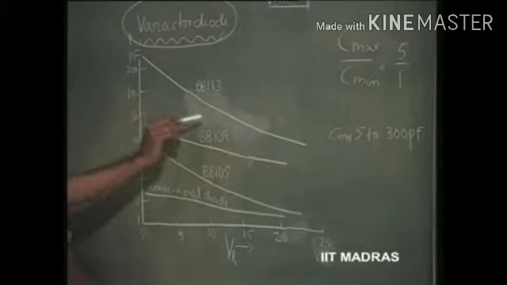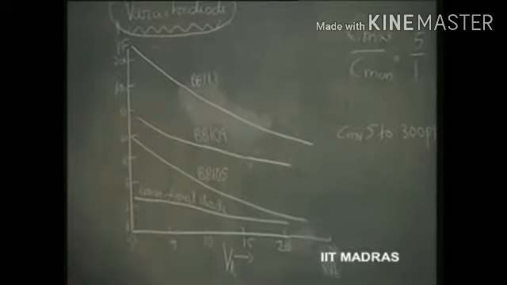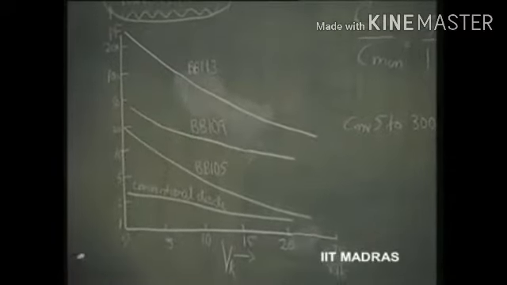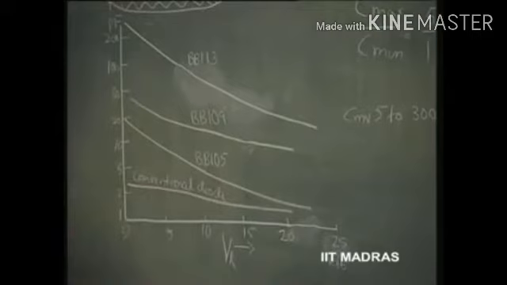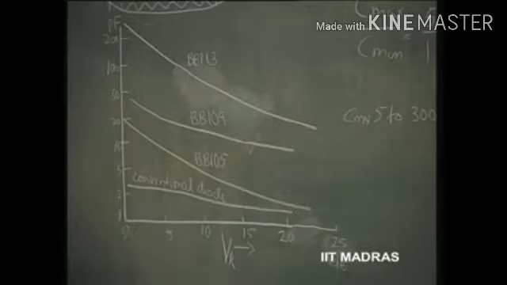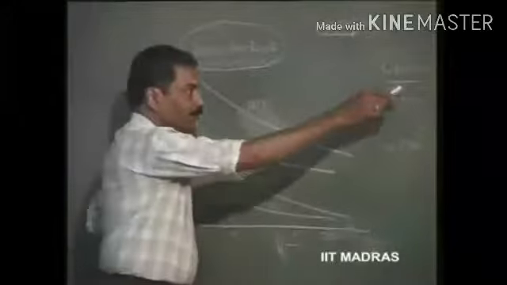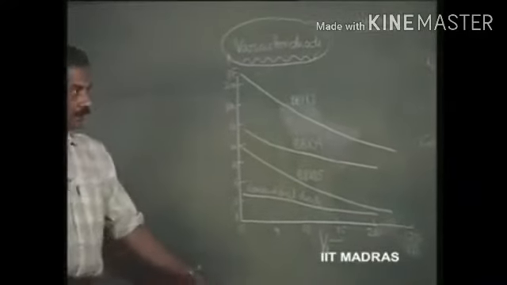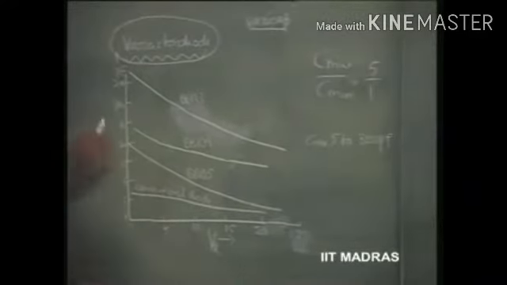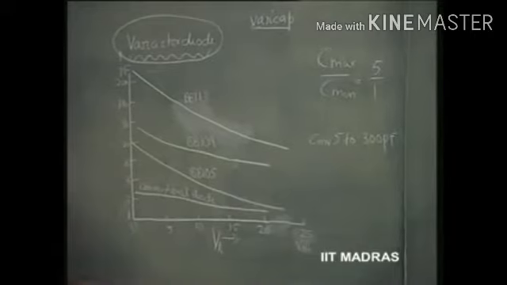Whereas these have been specially taken care of to see that the capacitance variation is maximum for the voltage that is changed from maybe 0 to 25 volts, typical change in bias voltage of these variable capacitors.